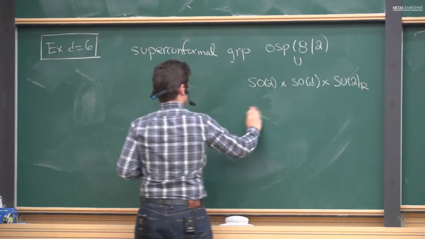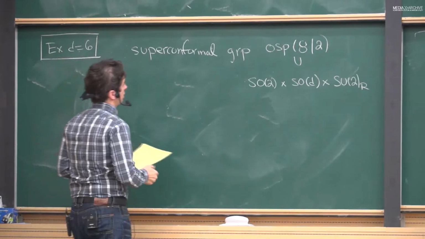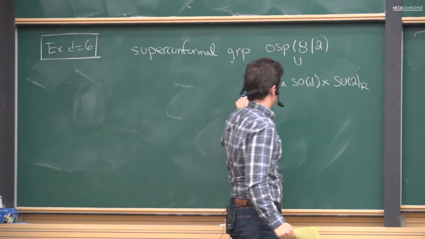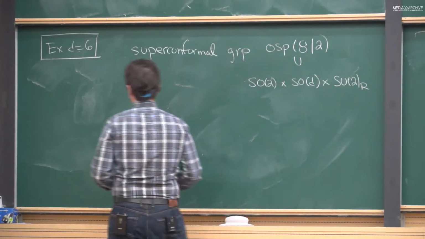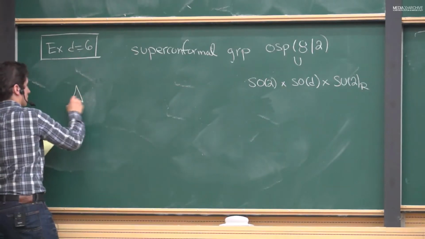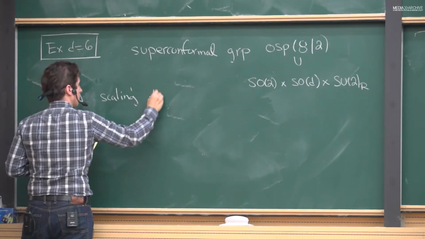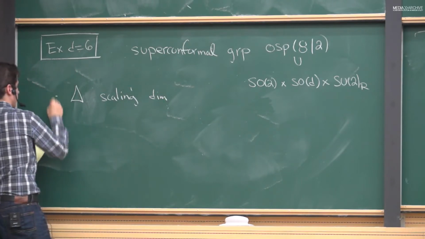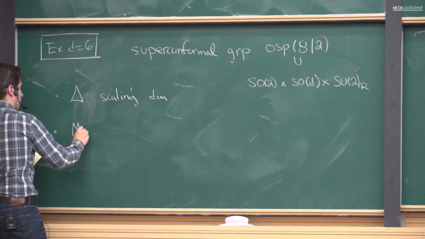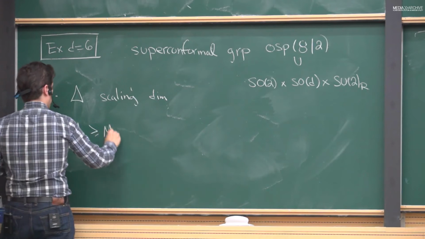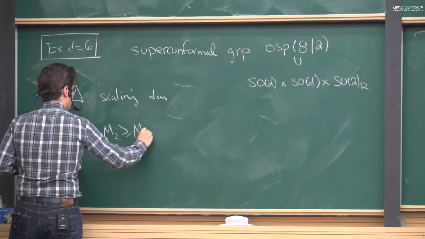Okay, maybe I'll put this over here. So local operators will be labeled by their quantum numbers under this group. And what are the quantum numbers? There's delta, which is the scaling dimension. There's M1, M2, and M3.